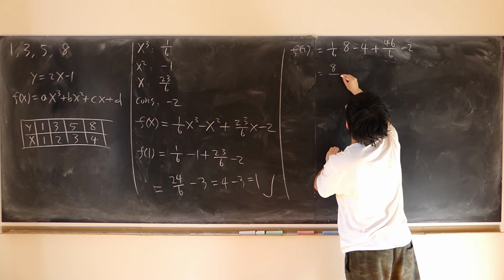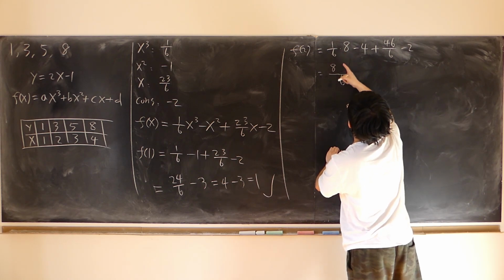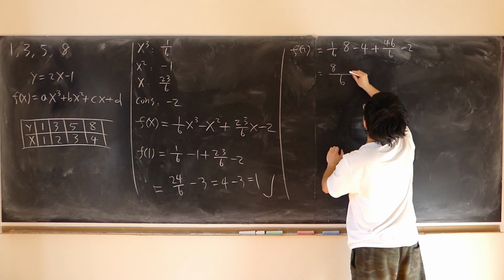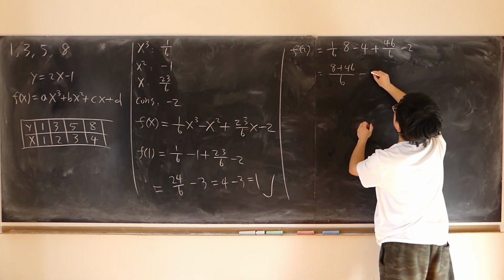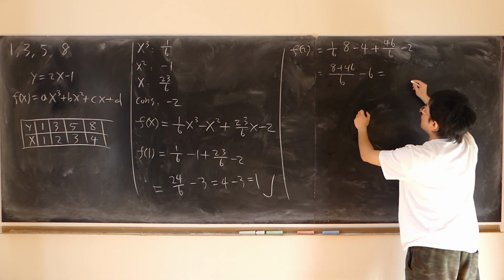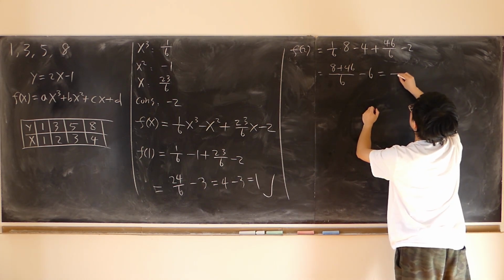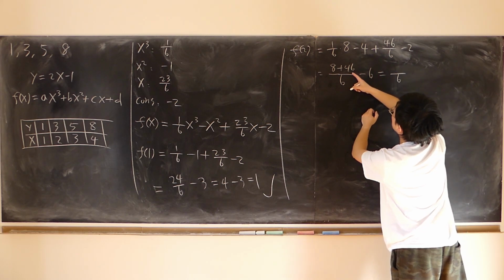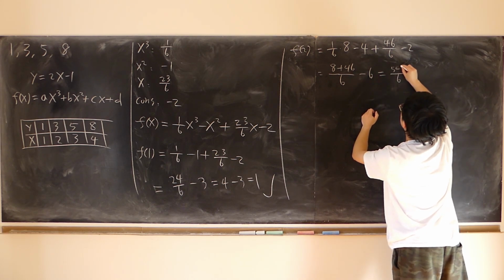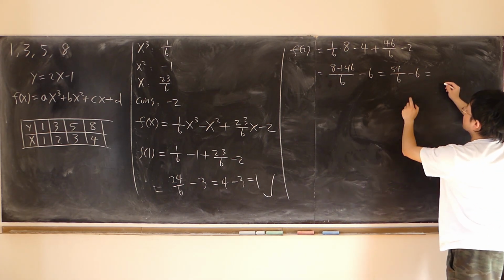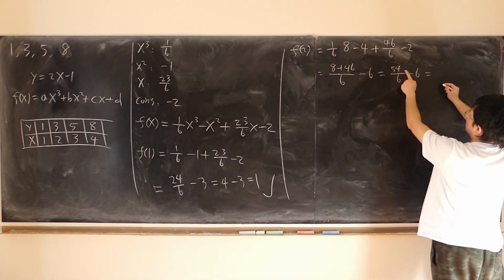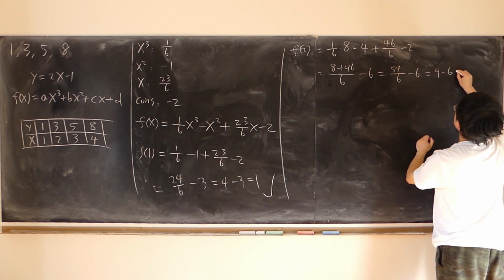Fractions, 8 over 6, plus 46. Integers minus 6. That is 54 over 6, 9. So 9 minus 6. Yes.